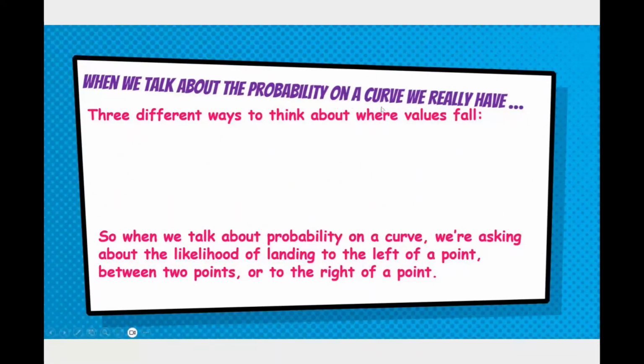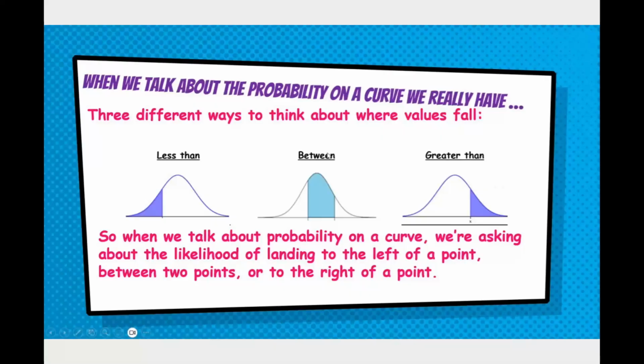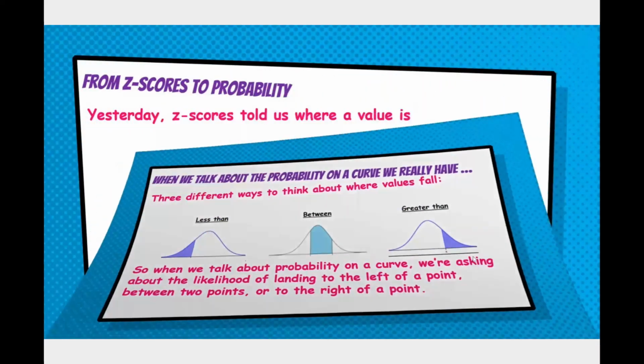So when we talk about probability on a curve, we really have three different ways to think about where data values fall. We can look at a data value and ask what's the probability of something happening less than, in between two values, or greater than. So we're asking about the likelihood of landing to the left of a point, between two points, or to the right of a point.